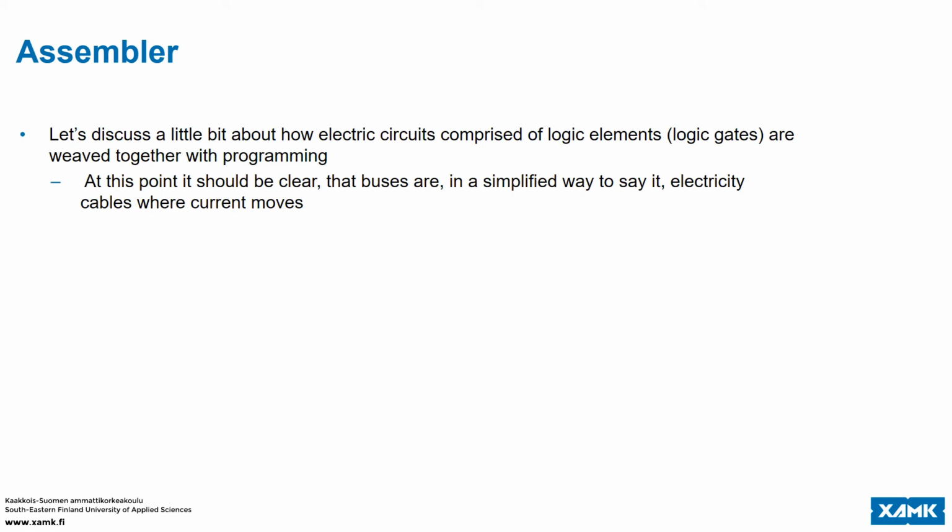Let's dedicate a few moments for discussion about how these electric circuits, that is the CPU, comprised of logic elements, logic gates, are weaved together with programming. At this point it should be clear that buses that move data and instructions between the different hardware components are, in a very simplified way to say it, electrical cables where current moves.